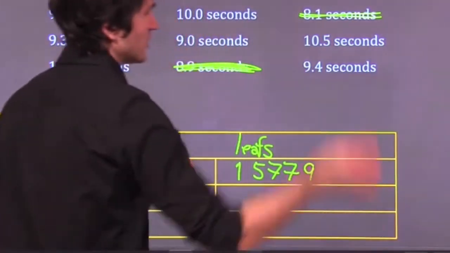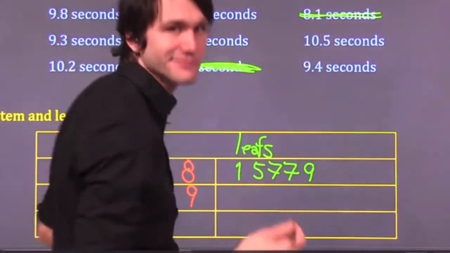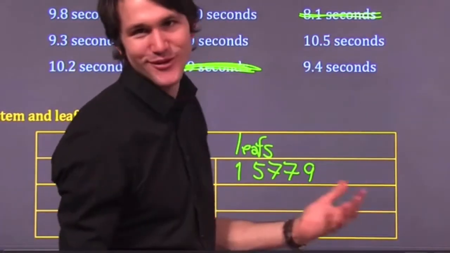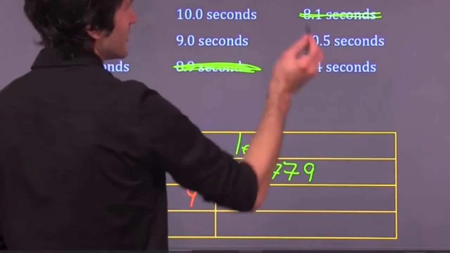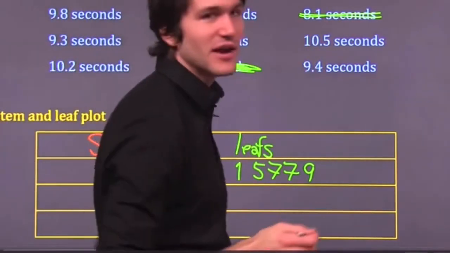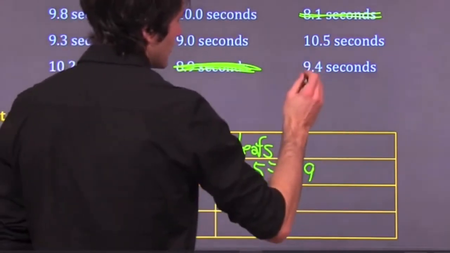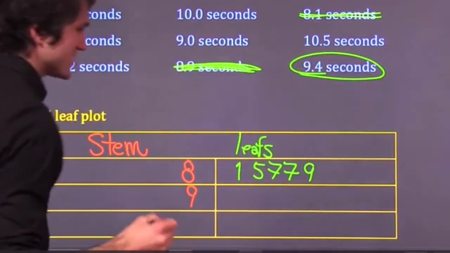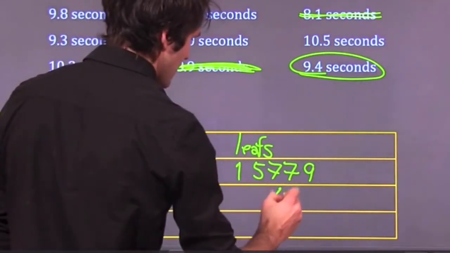This swimmer in the furthest right column took 10.2 seconds. They took more than 9.9 seconds, so we can't consider them. This swimmer took 10.5 seconds. Can't consider them either. This swimmer right here took 9.4 seconds. That's great. Why don't we include that swimmer as one of our leaves?